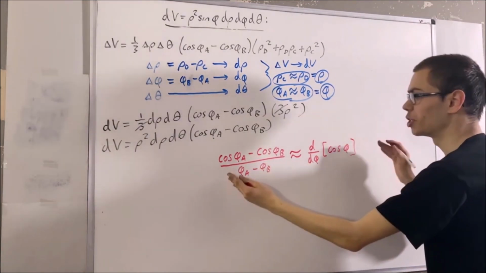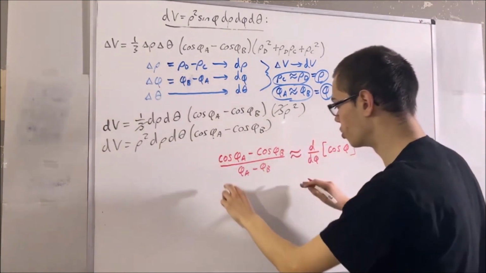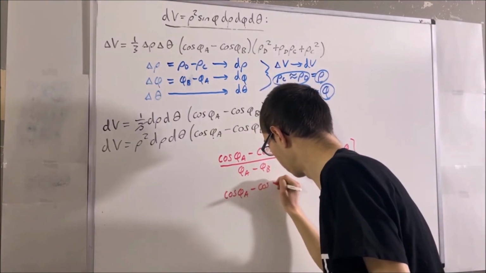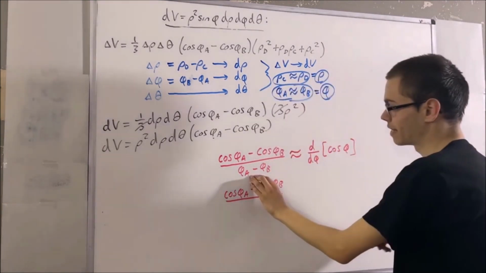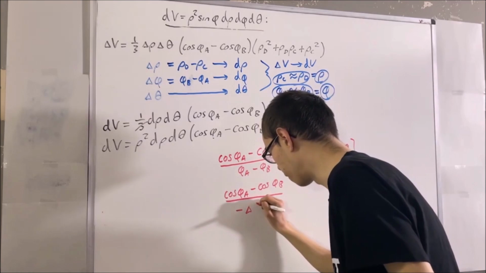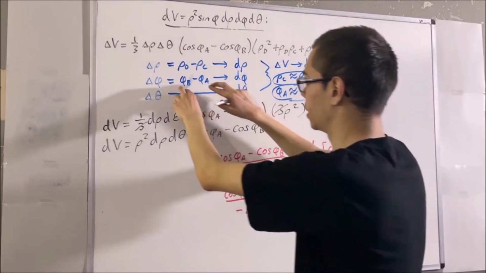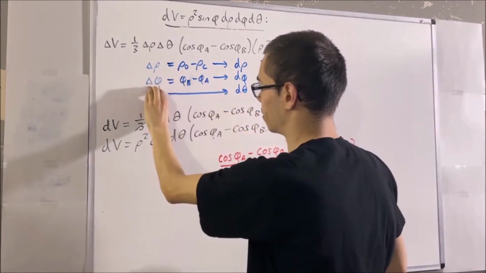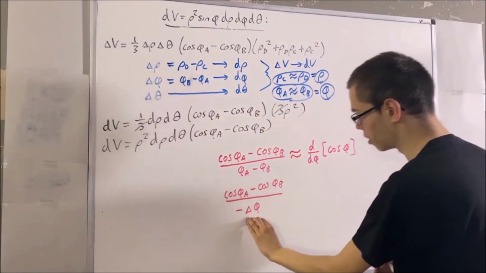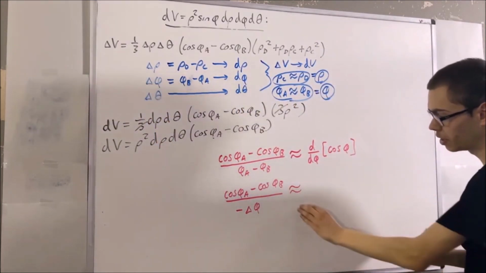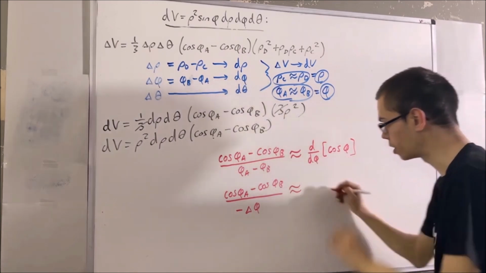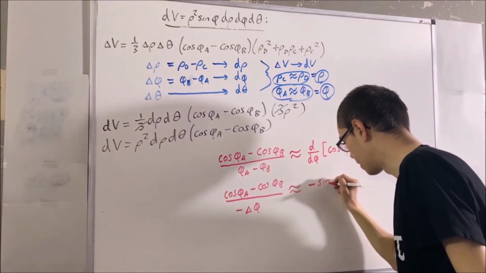So this is essentially true. Let's keep the numerator the same, but the denominator is actually negative delta phi, because if you flip these two around, that becomes negated. So negative delta phi, approximately equal to the derivative of cosine phi, which is negative sine phi.